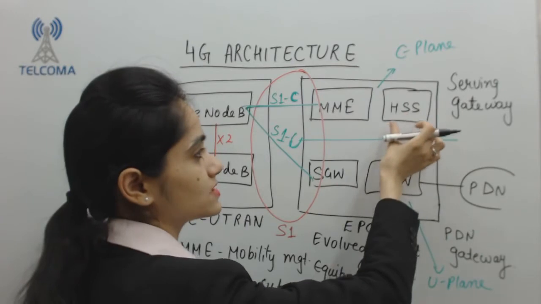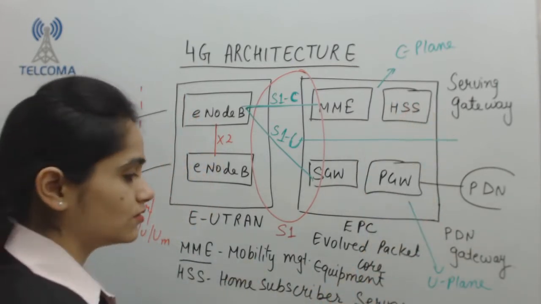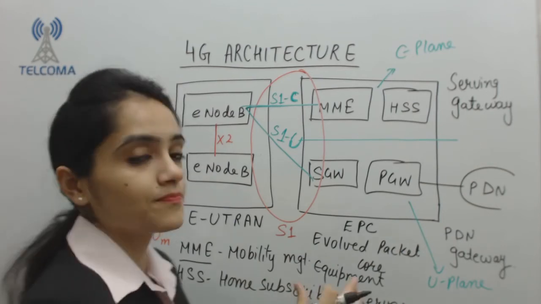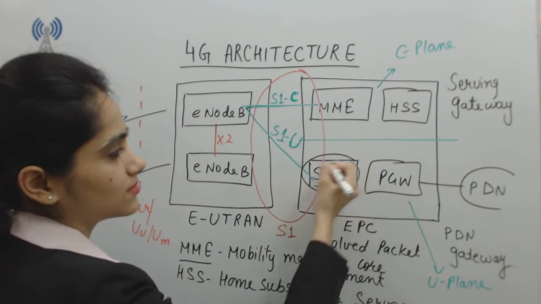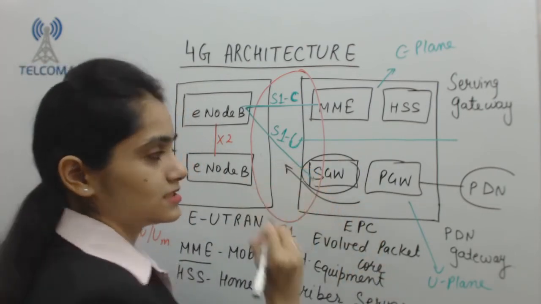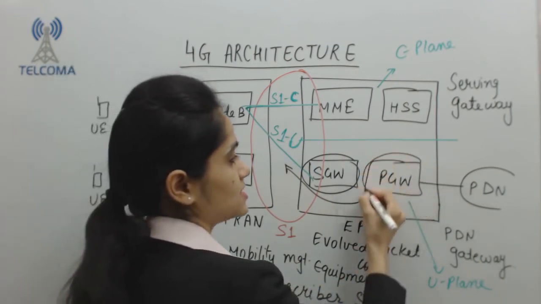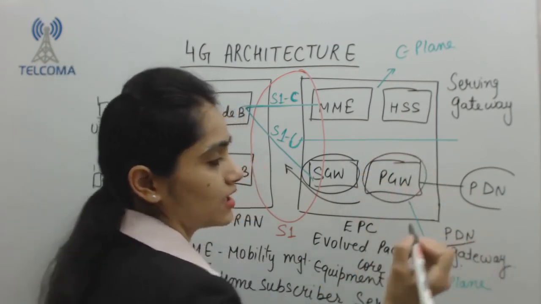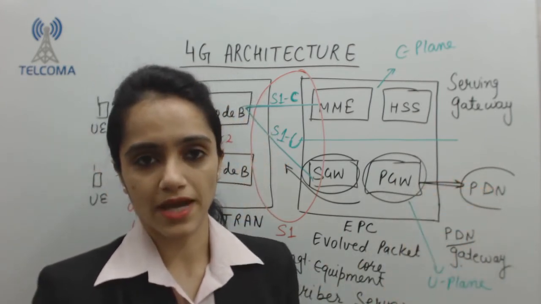Home subscriber server is a permanent database which stores each and every piece of information related to the user, which is permanent in nature. Serving gateway will function similar to SGSN in 3G, like forwarding of packets, or I can say switching of packets and processing of packets. Whereas PGW, which is the PDN gateway, is a gateway to the external network through which we require to fetch the packets.